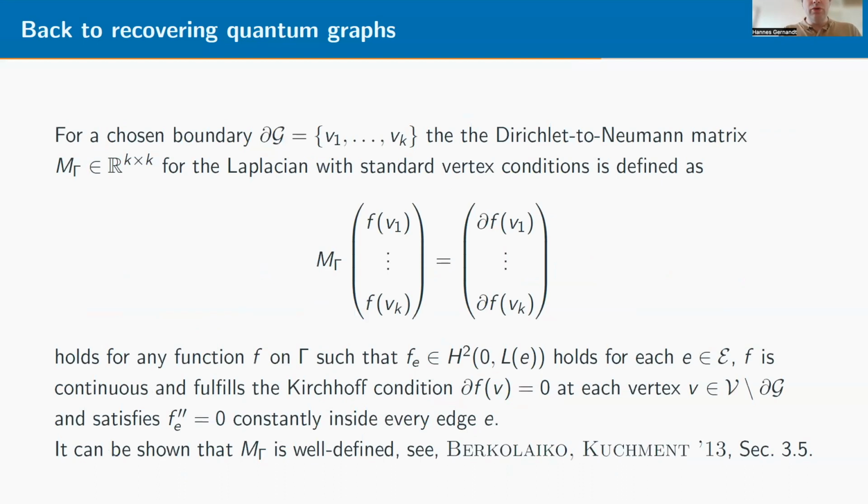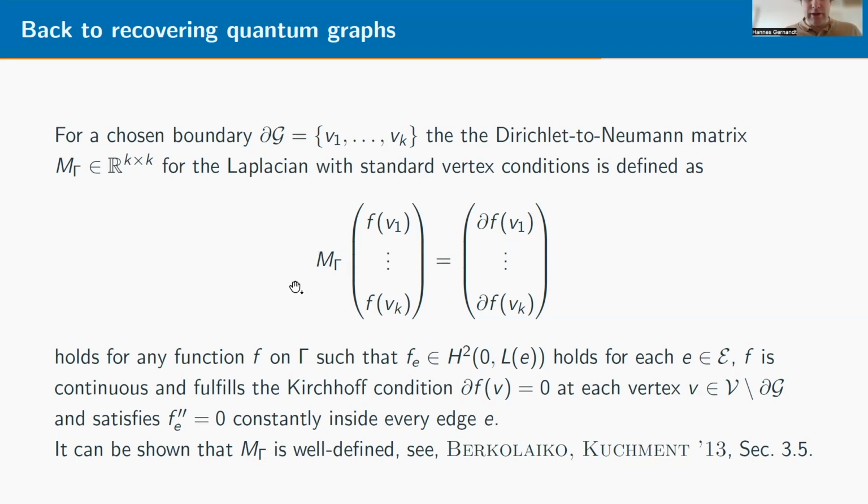So by using this notation, now we have a function defined on Gamma, our metric graph. So we can evaluate the function on the boundary vertices. And we have also the derivatives evaluated at the boundary vertices. And by doing that, we can also define a Dirichlet-to-Neumann matrix.